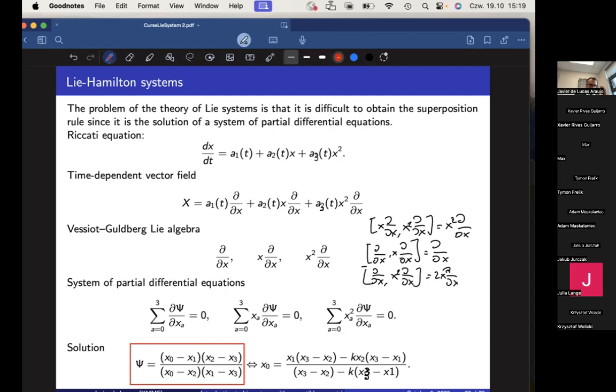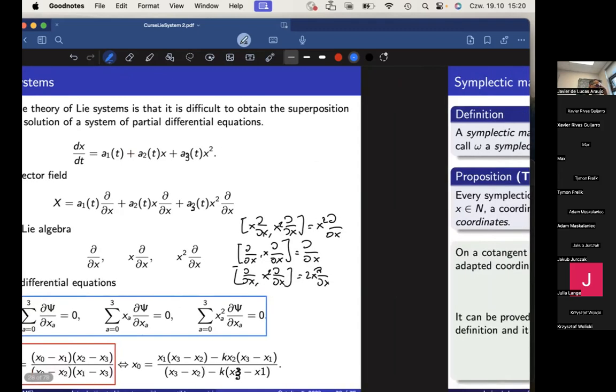This is done by means of geometric structures. The theory of Lie systems, the Lie-Hamilton systems, that is, Lie systems related to a symplectic structure, allow you to obtain psi in a nice, cool way. Very elegant, very easy, very geometric, and at the end, very useful.